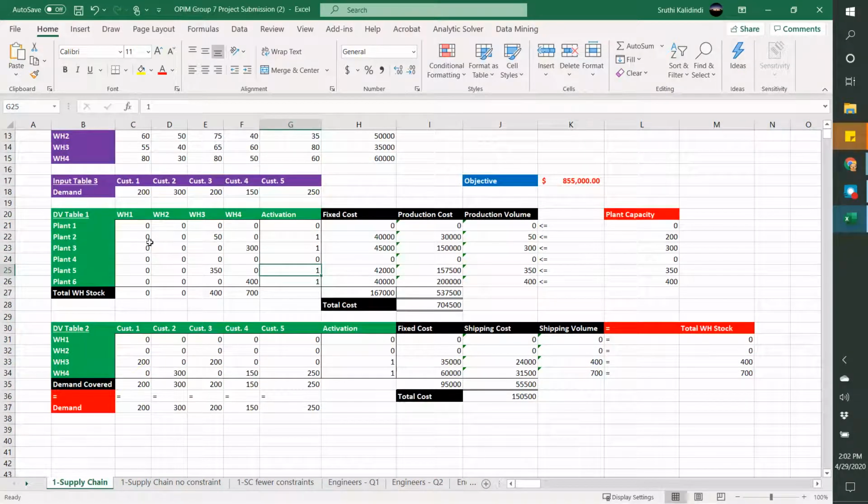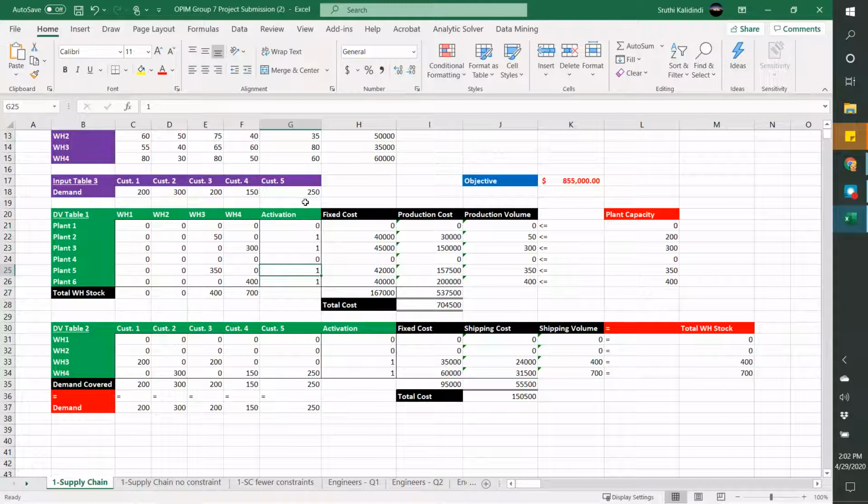Moving on to the decision variables, we have table 1 and table 2. Table 1 looks at the units that must be produced and shipped, and table 2 looks at the units that need to be shipped from the warehouse to the customers. Again, these need to be integers because they're products and we don't want to be cutting products in half to ship them or anything.